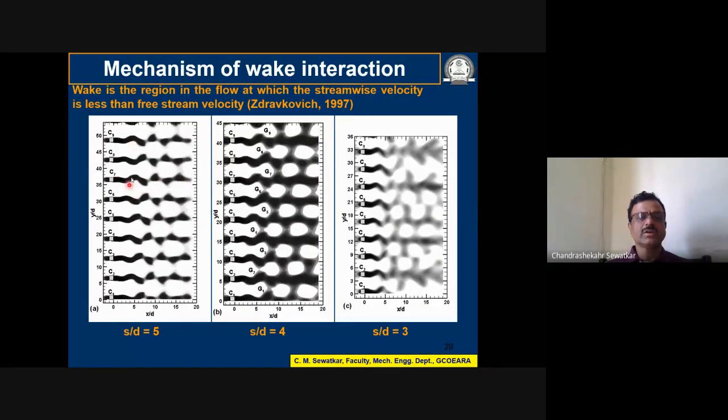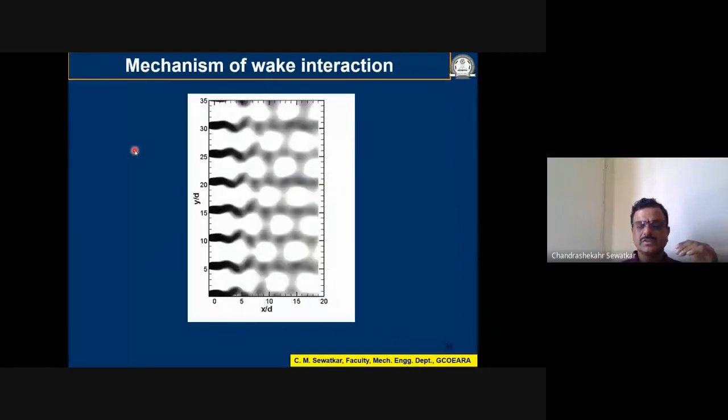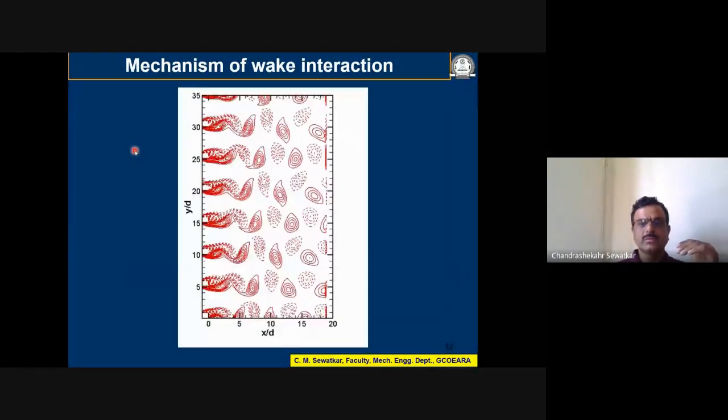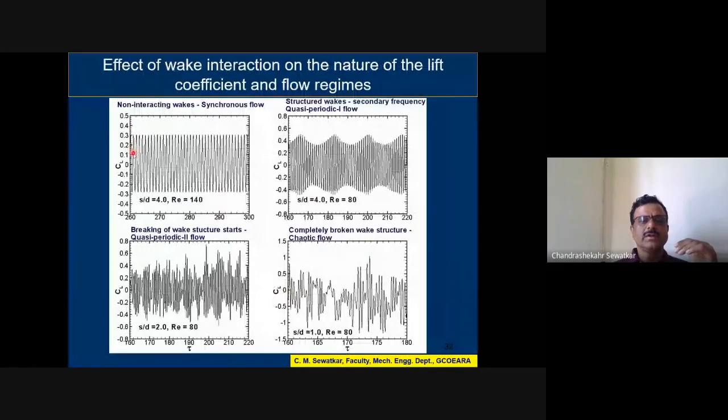The wakes are not even touching each other. What happens because of this is that the lift coefficient varies sinusoidally. I will show you. See, in that case, my lift coefficient varies sinusoidally. Pure sinusoidal variation is there. This is the lift coefficient plotted against time.